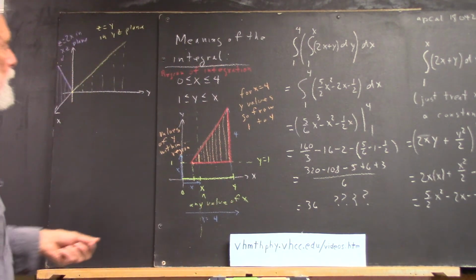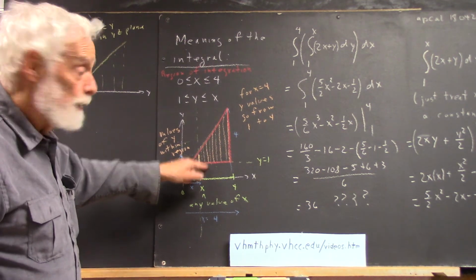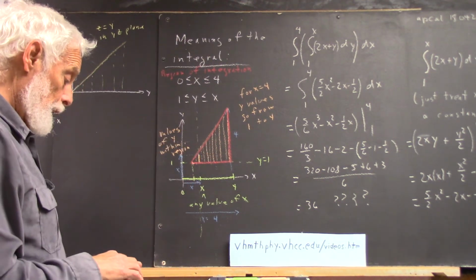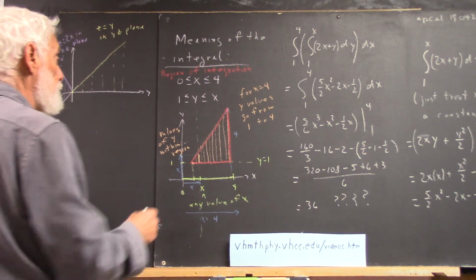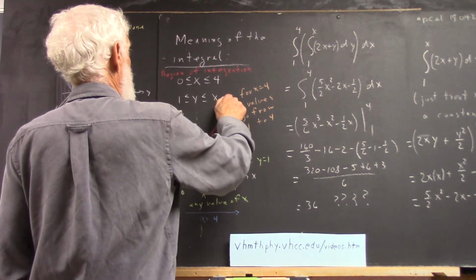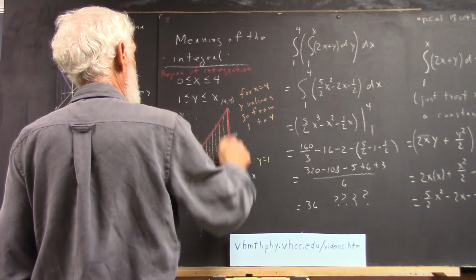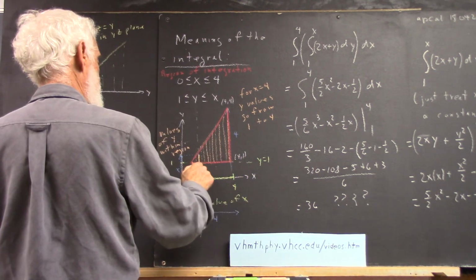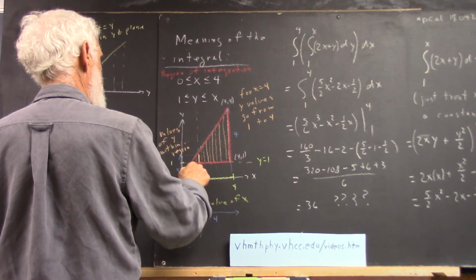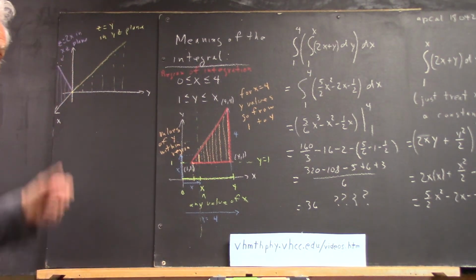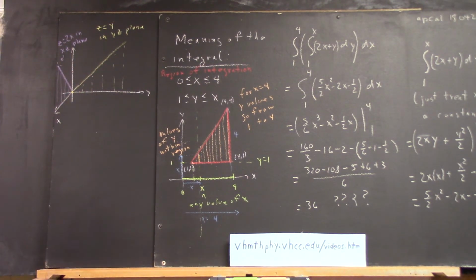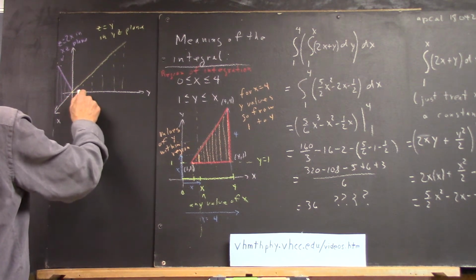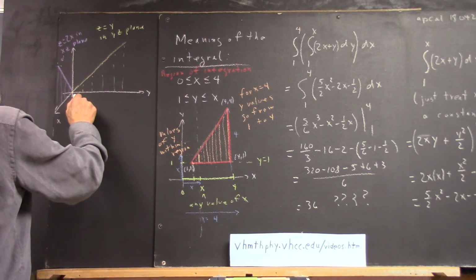The region of the xy plane that corresponds to this integral is just what we pictured here. And we can see that it has vertices at 4, 4, 4, 1, and 1, 1. Okay? So, let's just say x equals 1 here, y equals 1 here, 1, 1 would be here.